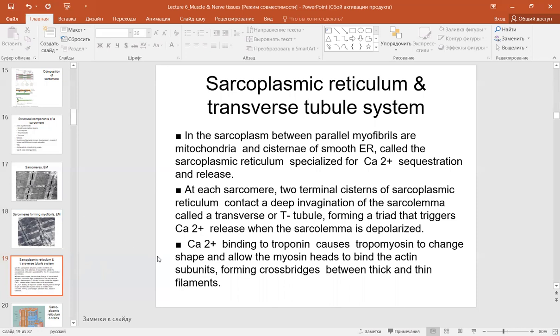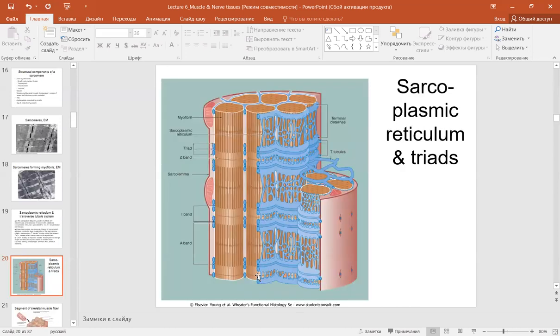Calcium ions binding to troponin cause tropomyosin to change shape and allow the myosin heads to bind to the actin subunits, forming cross bridges between thick and thin filaments. This is the basic mechanism for the muscular contraction.